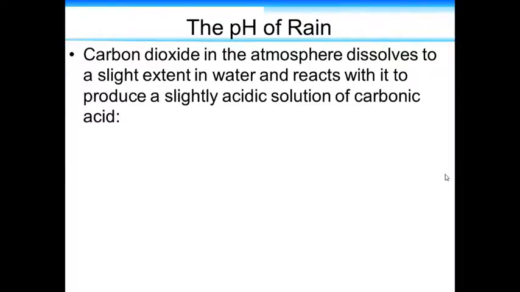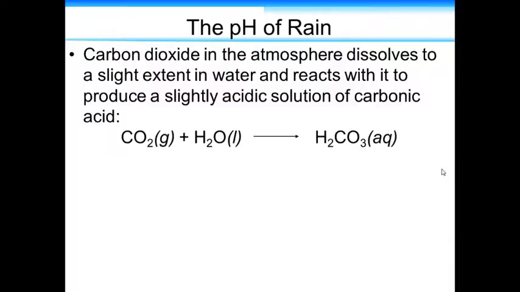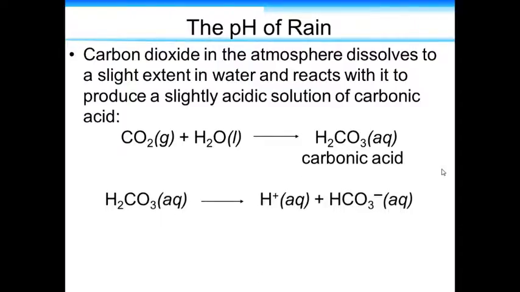Just like carbon dioxide can dissolve in the ocean to produce carbonic acid, that can also occur in clouds or in moisture. And again, when that rain falls, that carbonic acid can produce H+ ions.